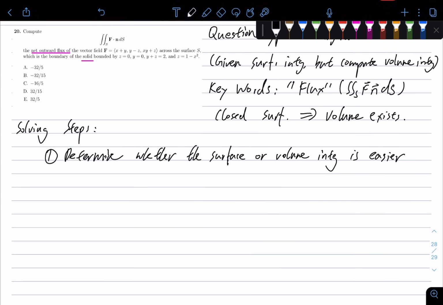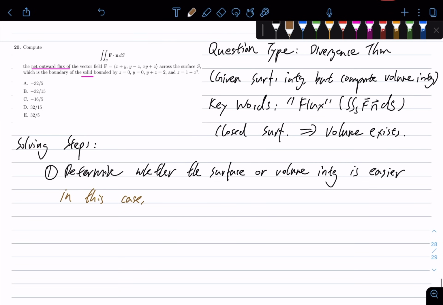So in this case, the volume integral is much easier. Okay, so let me explain that.